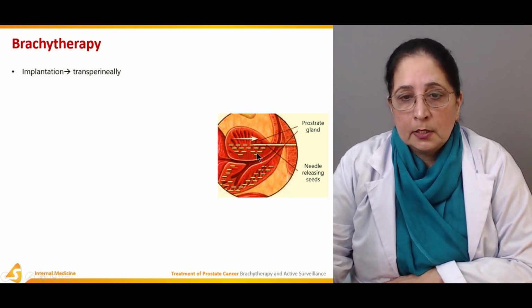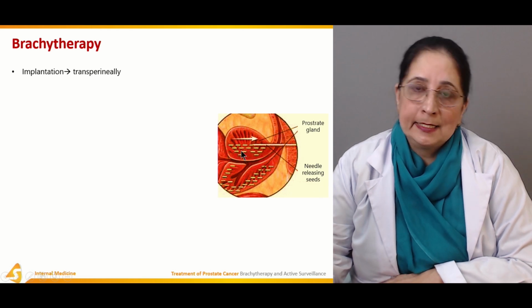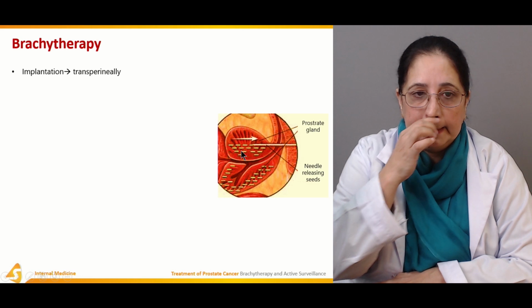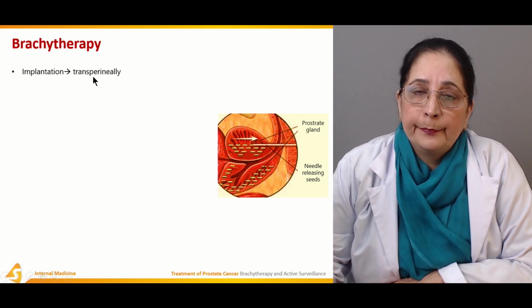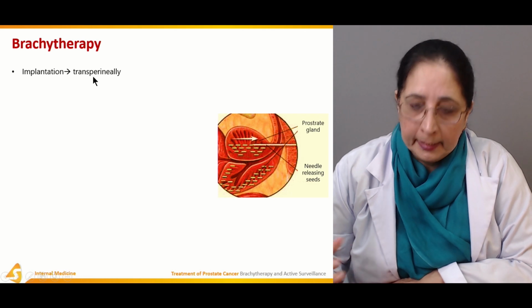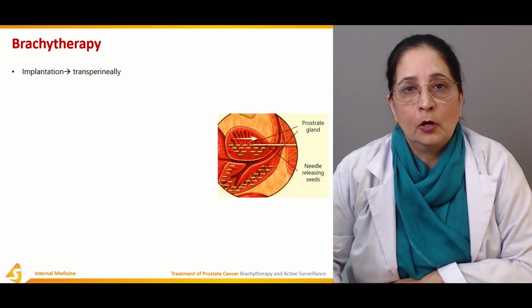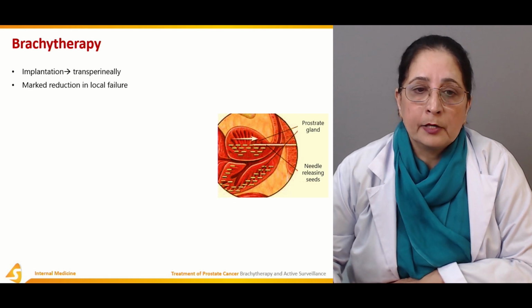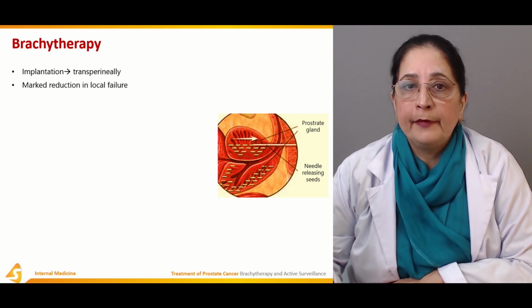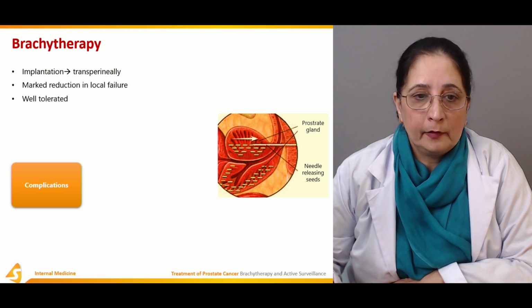Again, this is the prostate gland, and that's the needle releasing seeds that give the radiation. Implantation is transperineal, through the perineum. The implantation of the seeds is done. There is marked reduction in local failure. It is well tolerated.